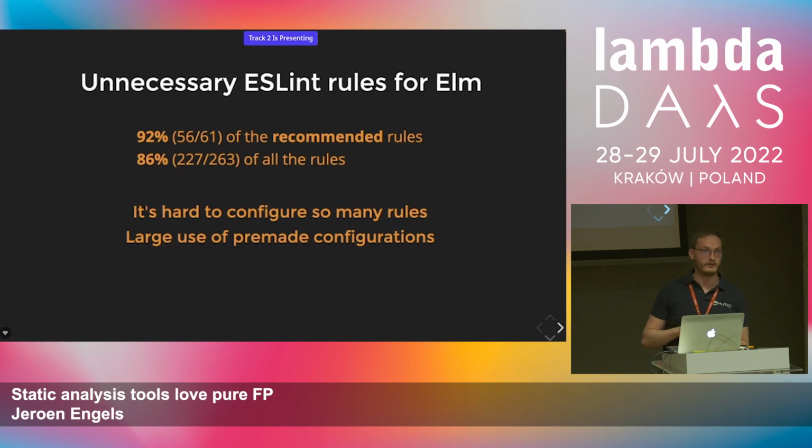So in the JavaScript ecosystem, you've got a few packages or a few configurations that are downloaded multiple million times per week. So this is a quite often chosen solution. And those work well because some very smart people at large companies have defined, like, we want these rules, we want them configured like this, we don't want these rules.